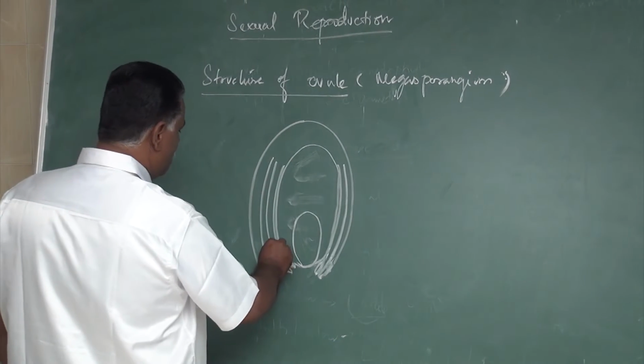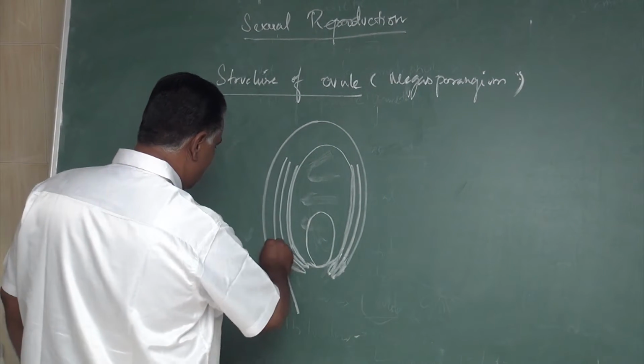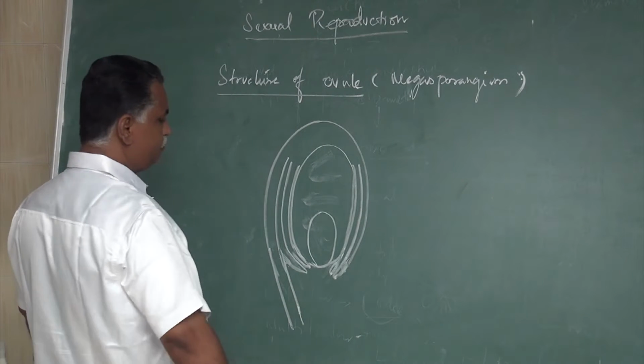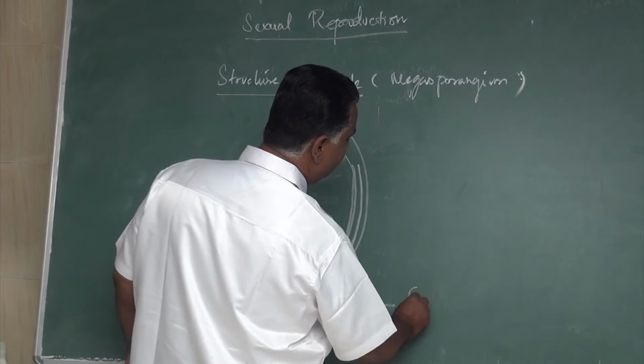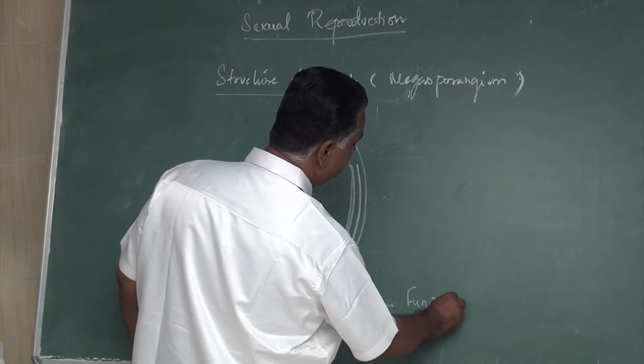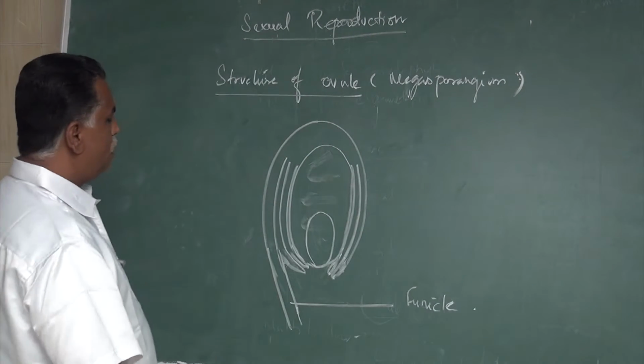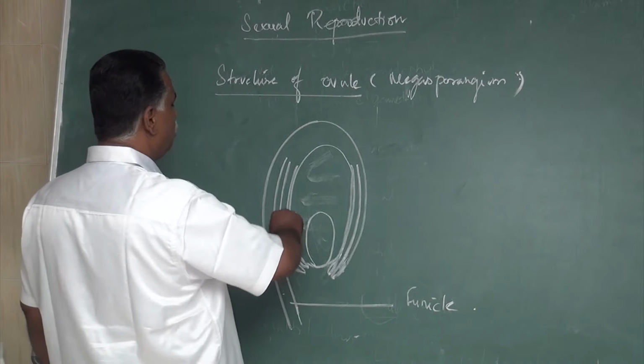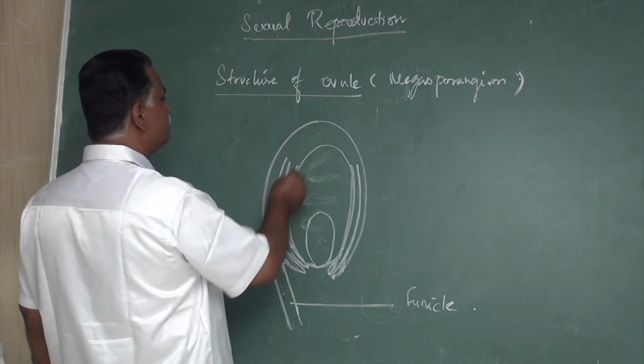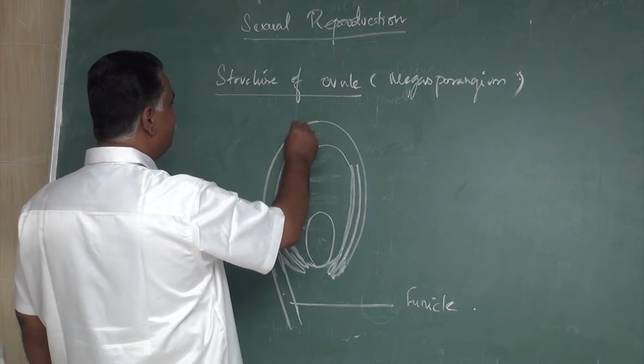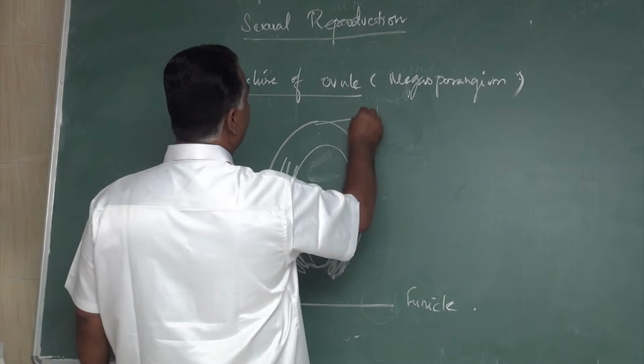Each ovule has a stalk, and the stalk is called funicle. The funicle joins with the ovule at the base, and the place of attachment is called hilum.